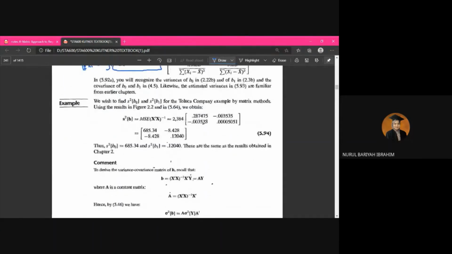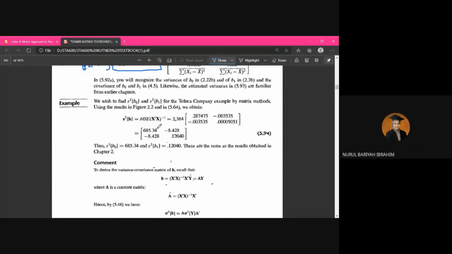Let's see here. This is the value of MSE that we can get from the ANOVA table. This is the matrix X transpose X inverse. We have the matrix X transpose X and we invert it, then you will get this matrix. Multiply this, you will get this.